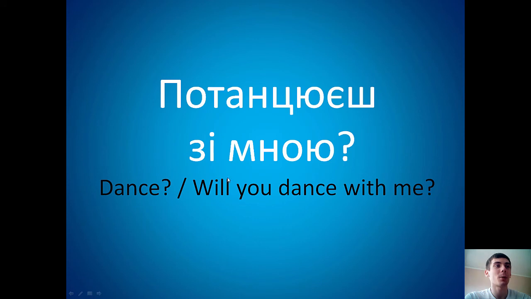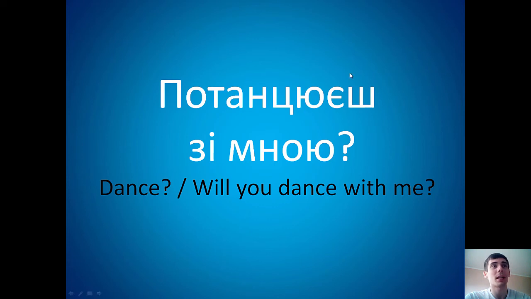As you already know, the verb to be, or in this case, the verb "will", doesn't exist in Ukrainian. So the future tense is indicated with the ending. And hopefully this ending won't change for masculine and feminine. It will be just потанцюєш.